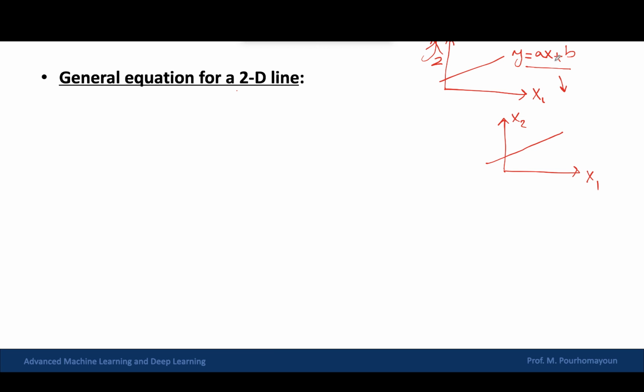And then this guy, let's generalize this equation and change it to something like that. I call it weight 1 x1 plus weight 2 x2 plus some constant, whatever you want to call it, b equal to 0, okay? So this is actually the same thing.